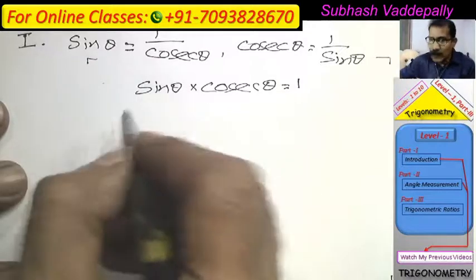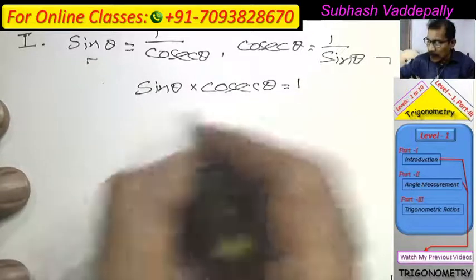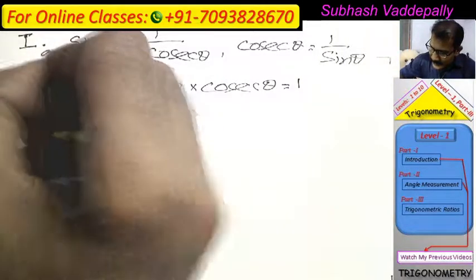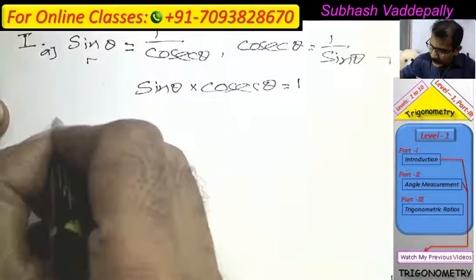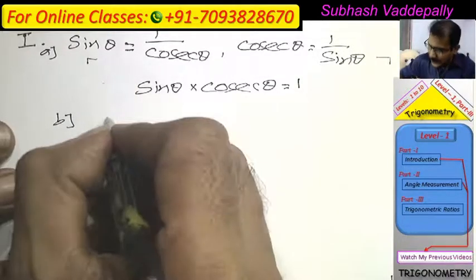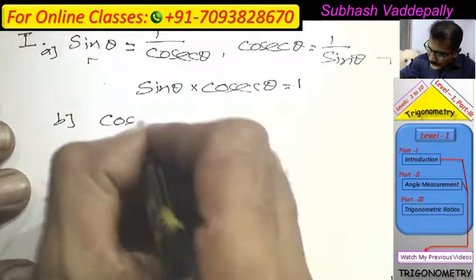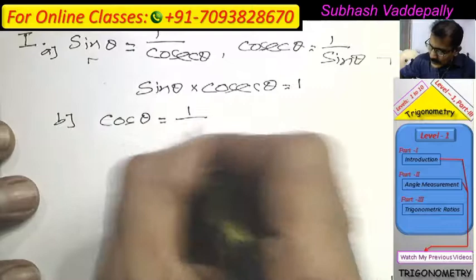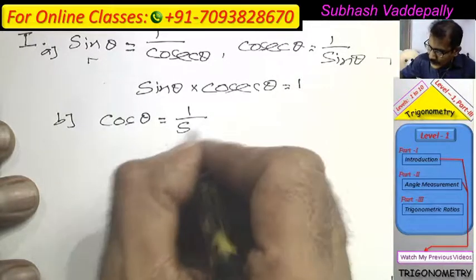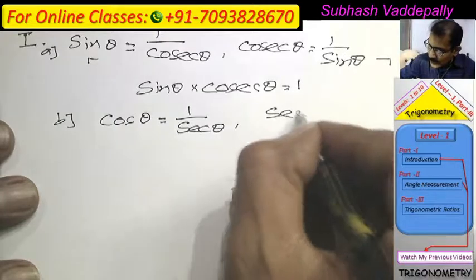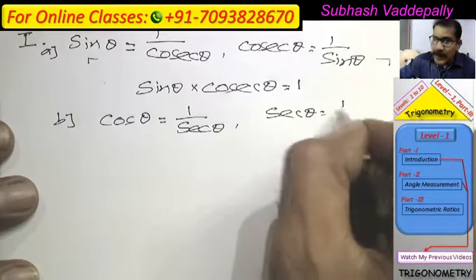Similarly, we can establish the relation between cos and secant. Let us take this as part b, the relation between cos and secant. Since cos theta and secant theta are reciprocals, we can write cos theta equal to 1 by secant theta, and secant theta is 1 by cos theta.